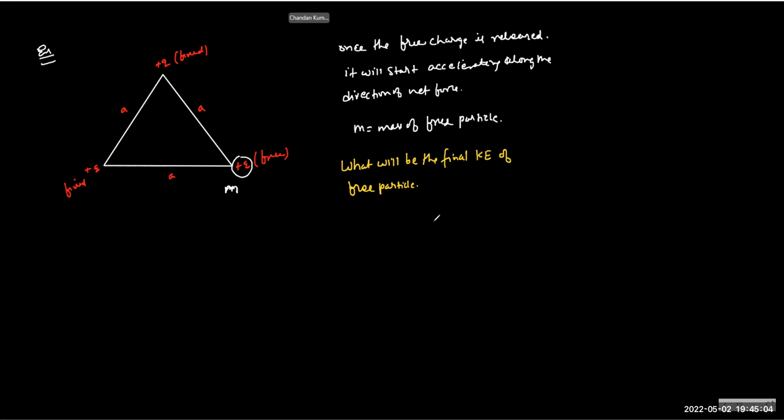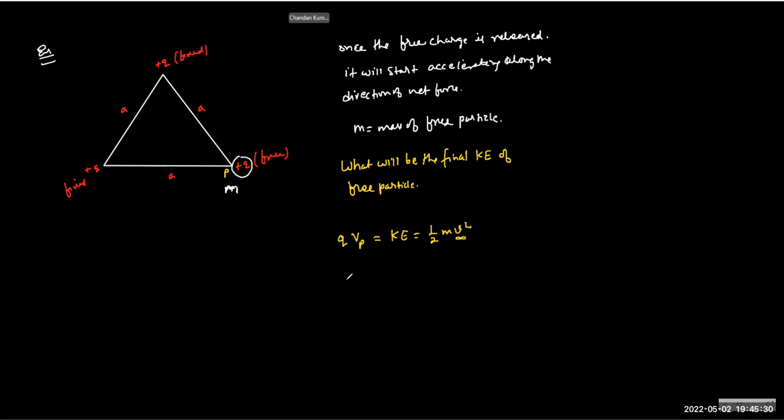So questions like this we can solve just by energy conservation. So the energy contribution of bringing the third charge must be equal to the final kinetic energy. In fact, you can also find the speed at infinity.